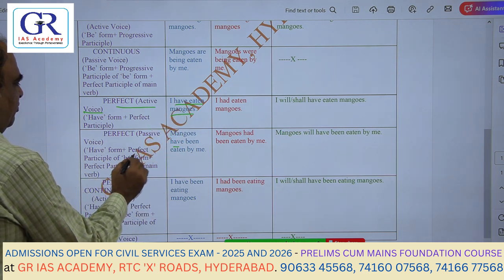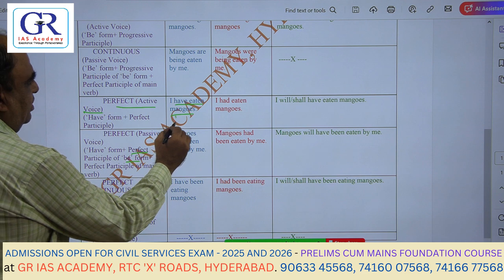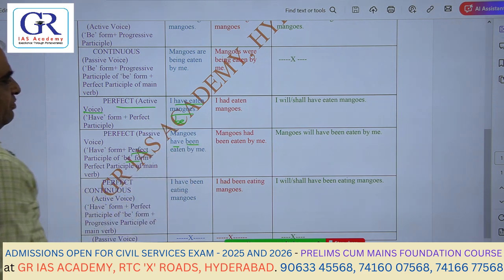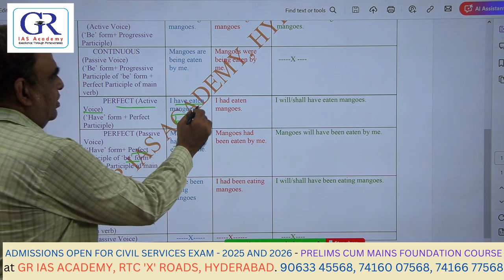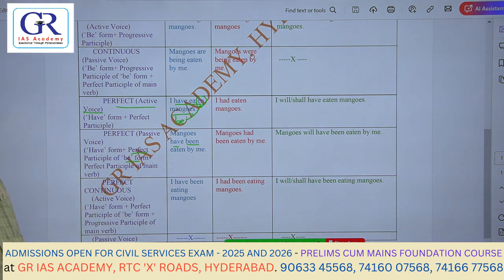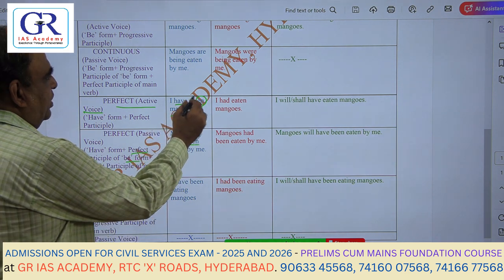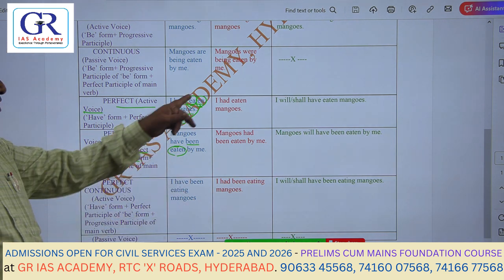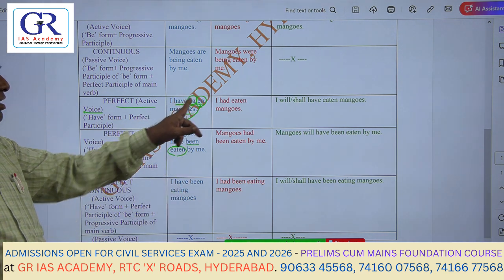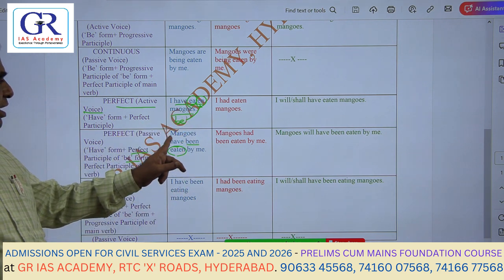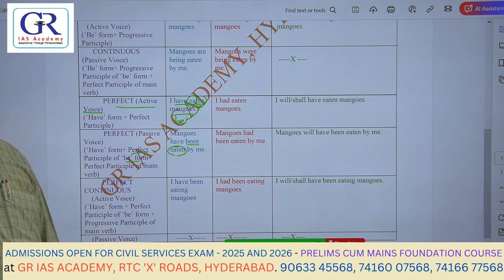So be form will be in the perfect tense, because when I am introducing be form, it has to be in perfect tense. Okay? So be will become been. And as per our rule, eat should become eaten. So this en is taken here and eat will become eaten. So mangoes have been eaten by me.